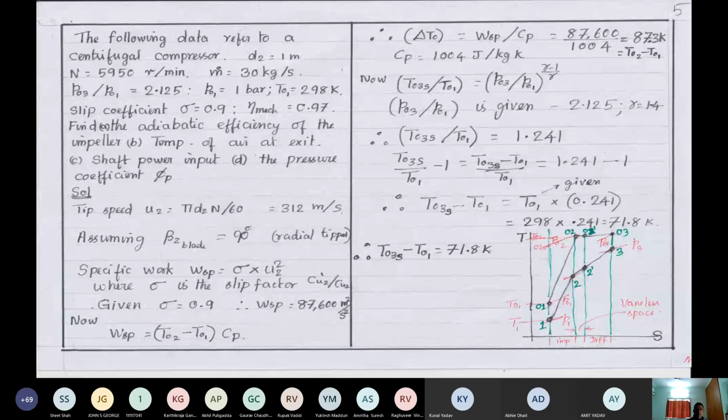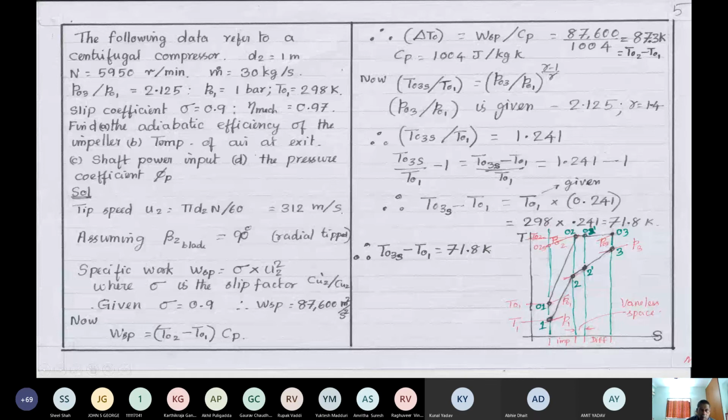This ratio of actual to ideal whirl velocity component is the slip coefficient. Then the other one, the pressure coefficient, is slightly different. We'll discuss that when we come to it.